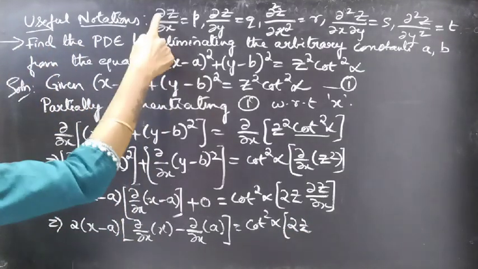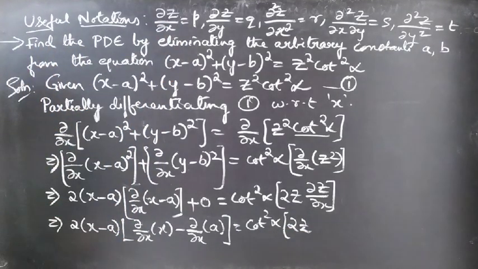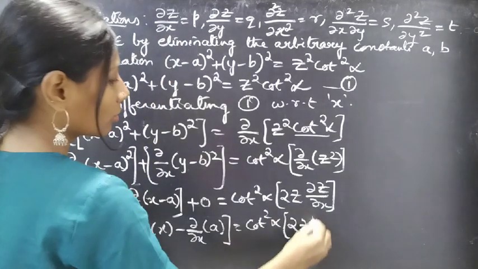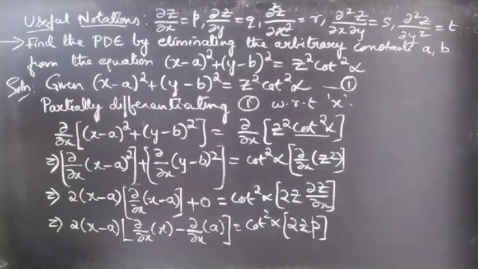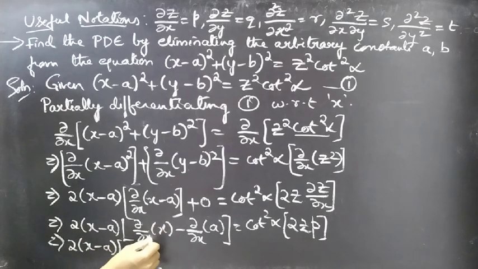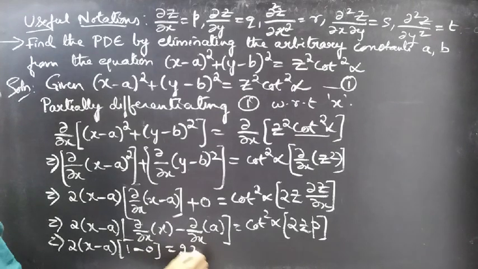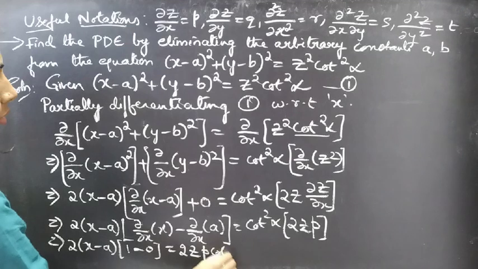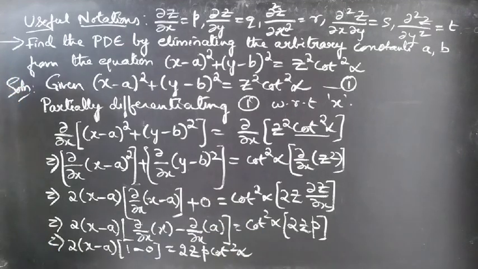We have a notation, dou z by dou x is p, so we'll replace it by p. And this gives us 2 times (x minus a) into the partial derivative of x with respect to x, which is 1, minus the partial derivative of a constant with respect to x, which is 0, equal to 2zp cot square alpha.